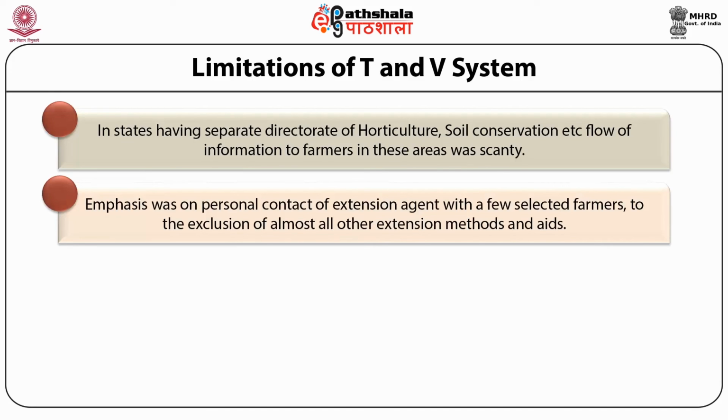In the current approach of the training and visit system, extension methodology was used, but it was one method of extension which was focused on. Instead, we would have gone for a combination of various methodologies. Even for receivers, one method is going to be monotonous. This is what had happened in the training and visit system.